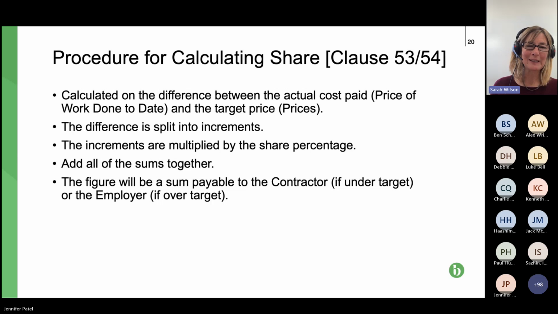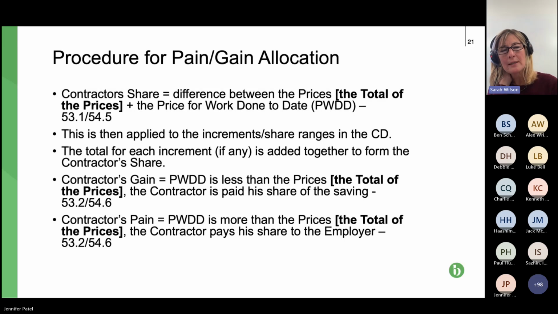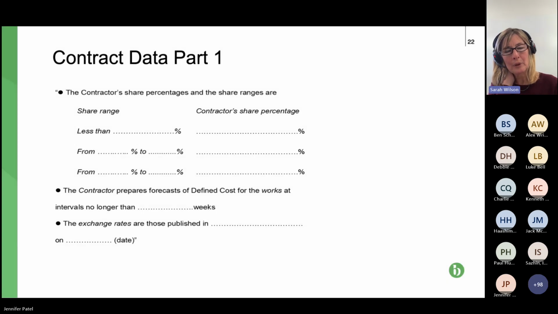You'll probably struggle with this less than I do. So on the next slide, I'm going to look at a worked example, which explains it better to me than talking about it. Before we do, however, this is the extract from the contract data part 1.